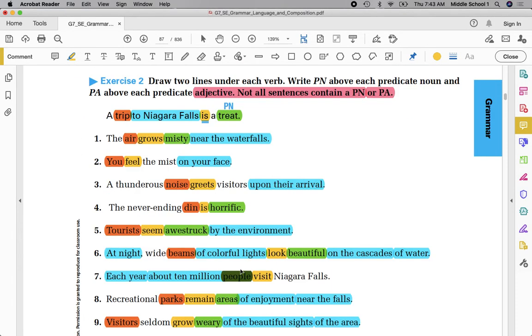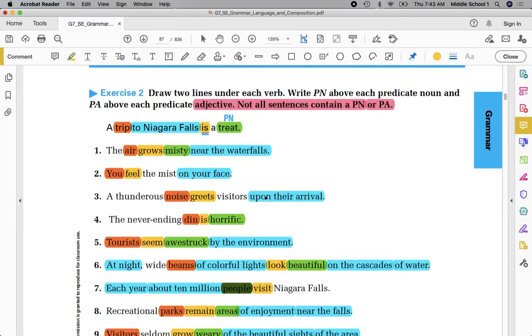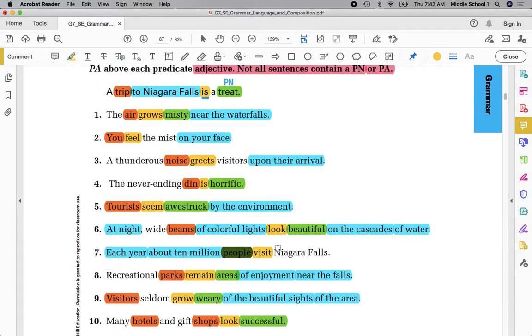Wow, a lot of work. I hope you're able to see, first of all, not all sentences contain a predicate noun or predicate adjective. Number 2, if it does contain a predicate noun or a predicate adjective, those items, identified in the green color in our lesson today, I can substitute is or are if the word is not already is or are.